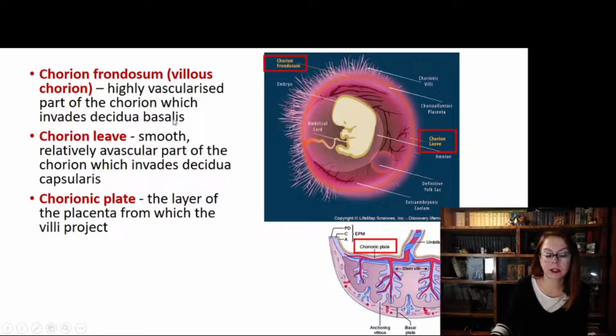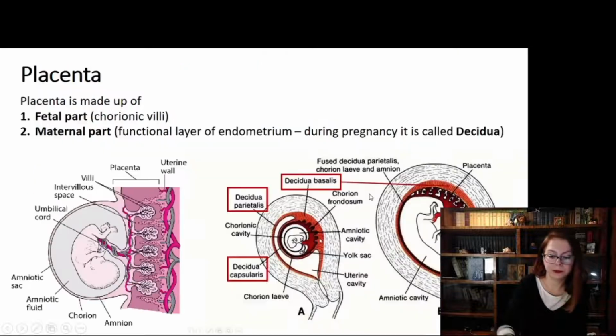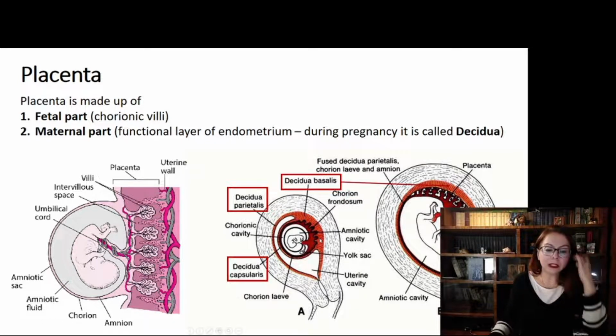This is the highly vascularized part of the chorion. Then chorion laeve is the opposite side of the chorion, which faces the decidua capsularis. If we return to the previous slide, here should be the villous chorion, and here should be the chorion laeve, or bald chorion, like that. So it's very easy to remember.